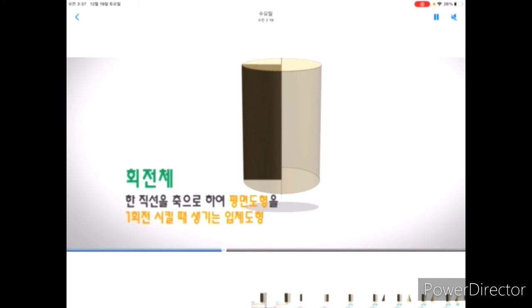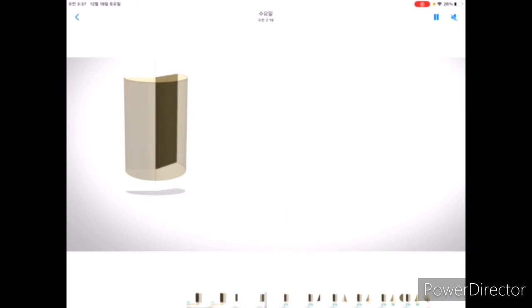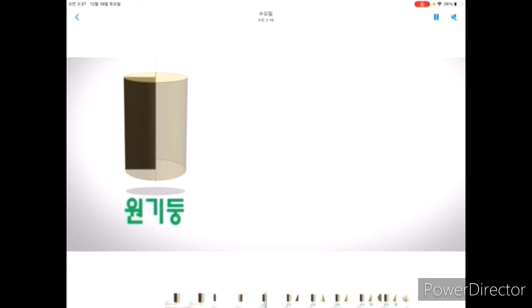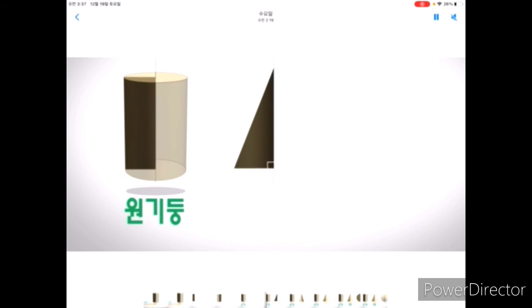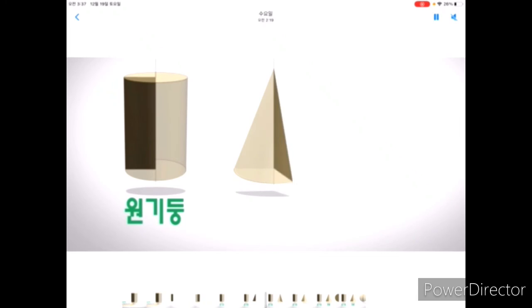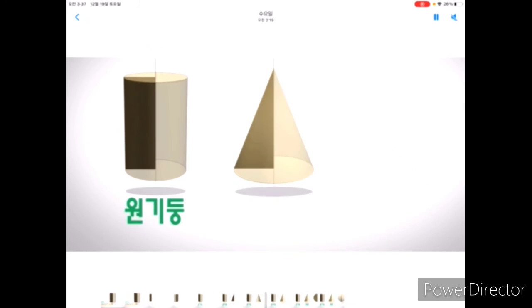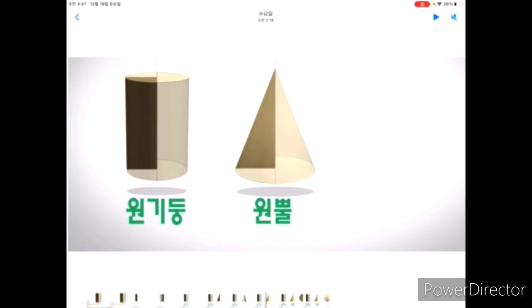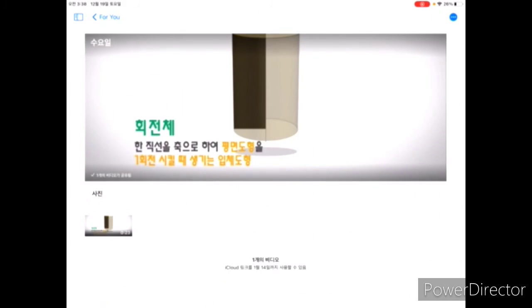And if we cut this cone, then we will get a truncated cone.